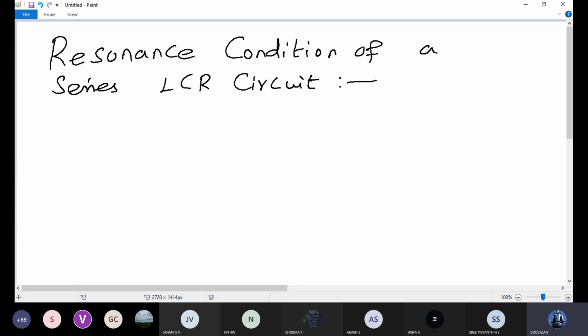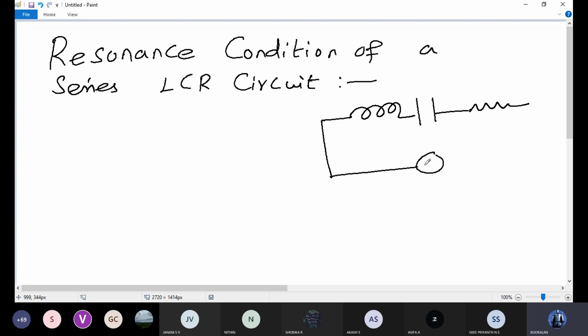First of all, we need to know what an LCR circuit is. An LCR circuit means L is an inductance, and there is one capacitor and one resistance. The three are connected in series with the AC source.